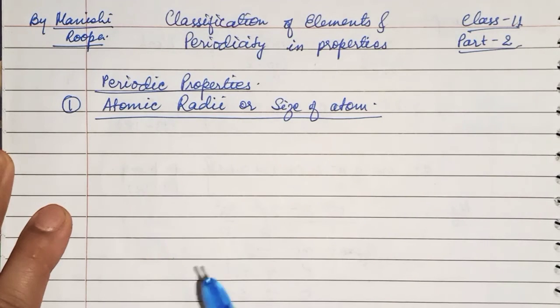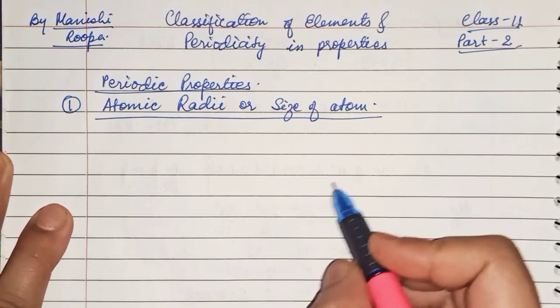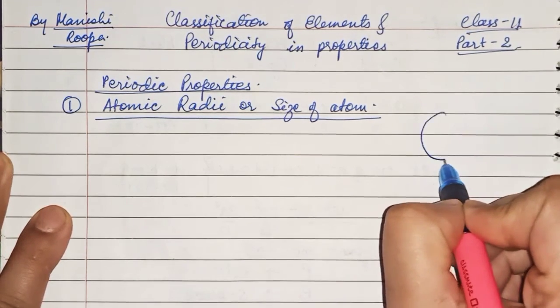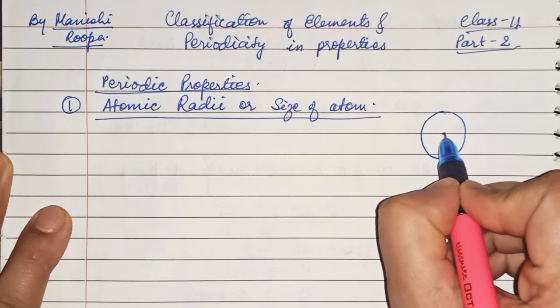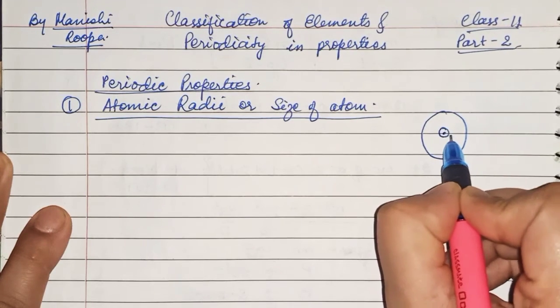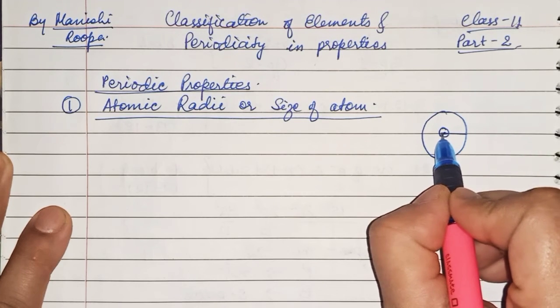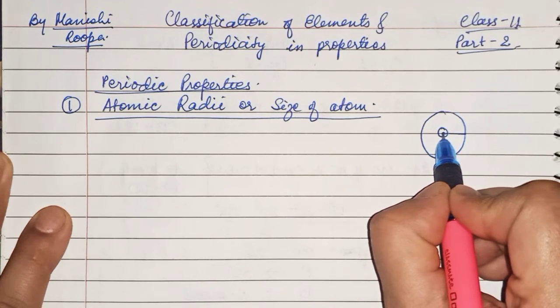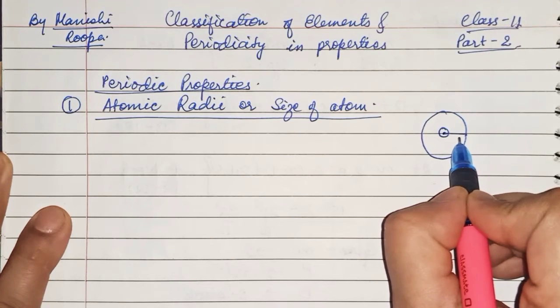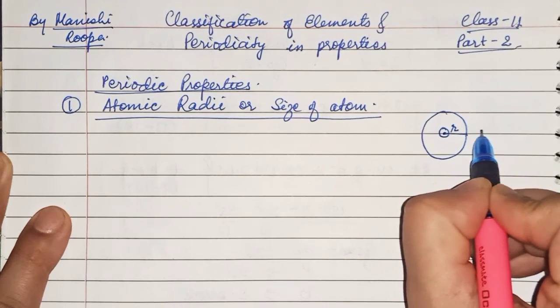You all know what atomic radius is. That is the distance between the nucleus and the last shell. Whatever the distance between the nucleus and the last shell, that distance is called the radius.